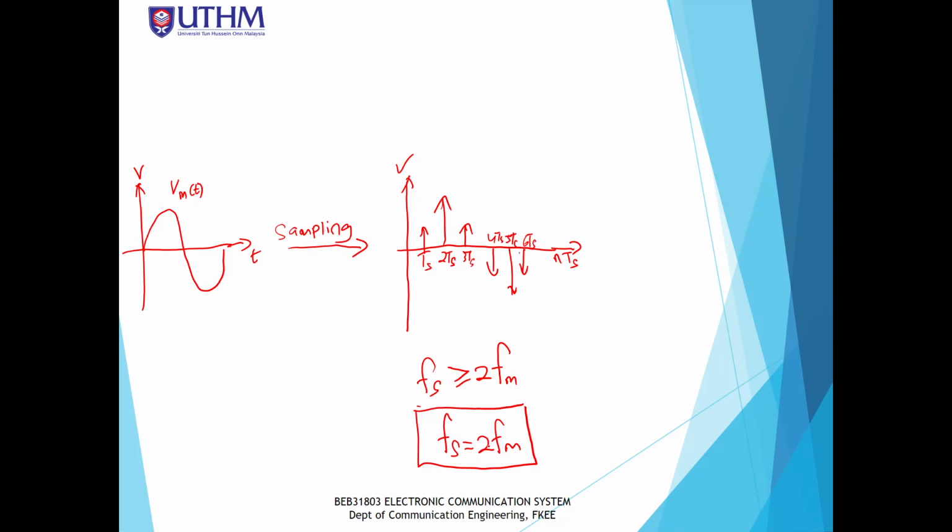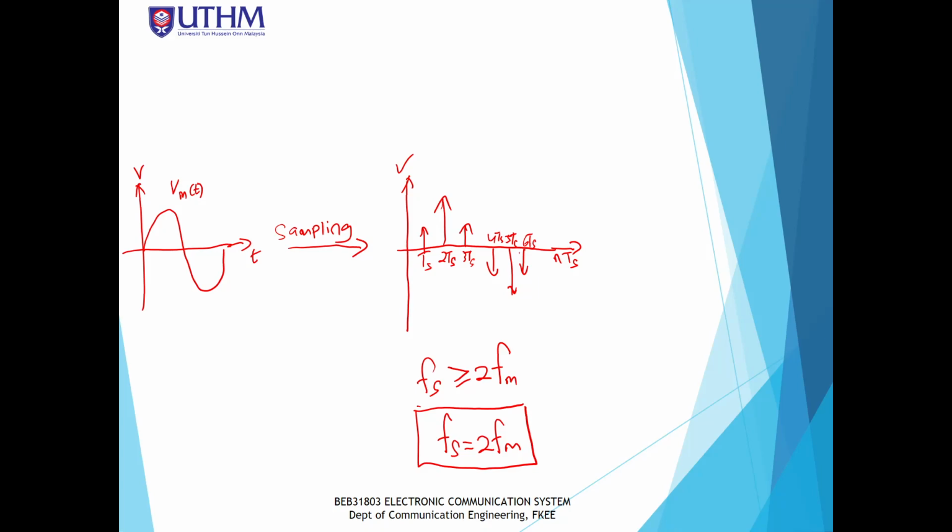If you sample at less than 2 fm, the sample spectra will overlap in the frequency domain, which is what we call the aliasing phenomenon.